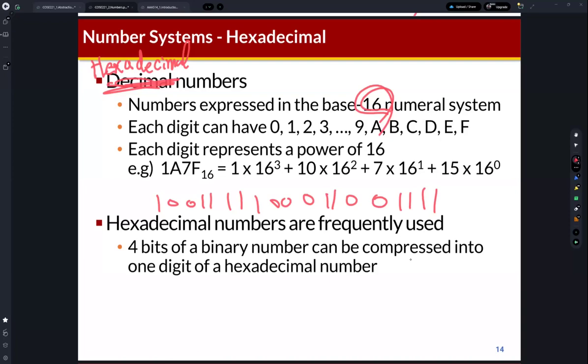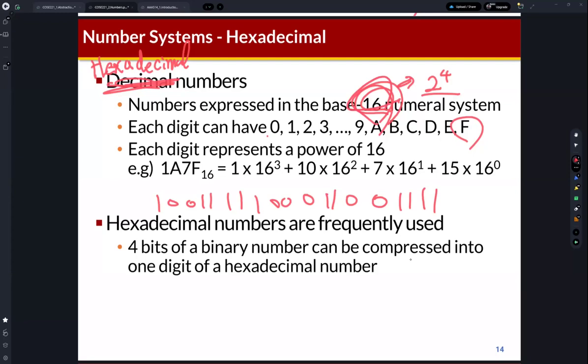Why? For the hexadecimal number, the base is 16, and 16 is 2 to the power of 4. Each digit of a hexadecimal number can have 0 to F, 16 different values, okay?